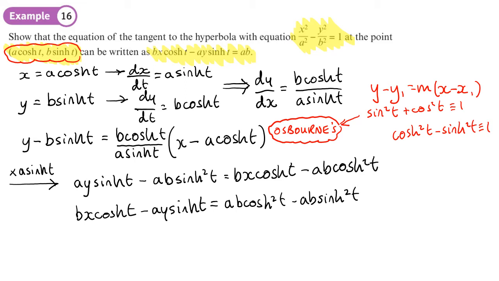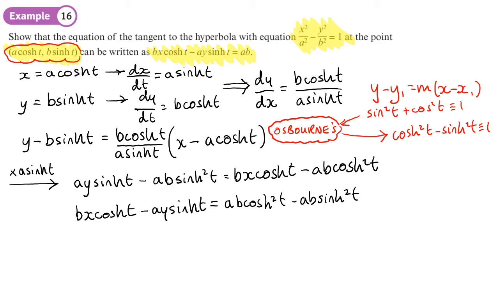Osborn's rule says if you've got a product of sines, you replace it with the negative version of that. So I've got a product of sine times sine there, so you replace it with the negative hyperbolic function to get a hyperbolic identity.